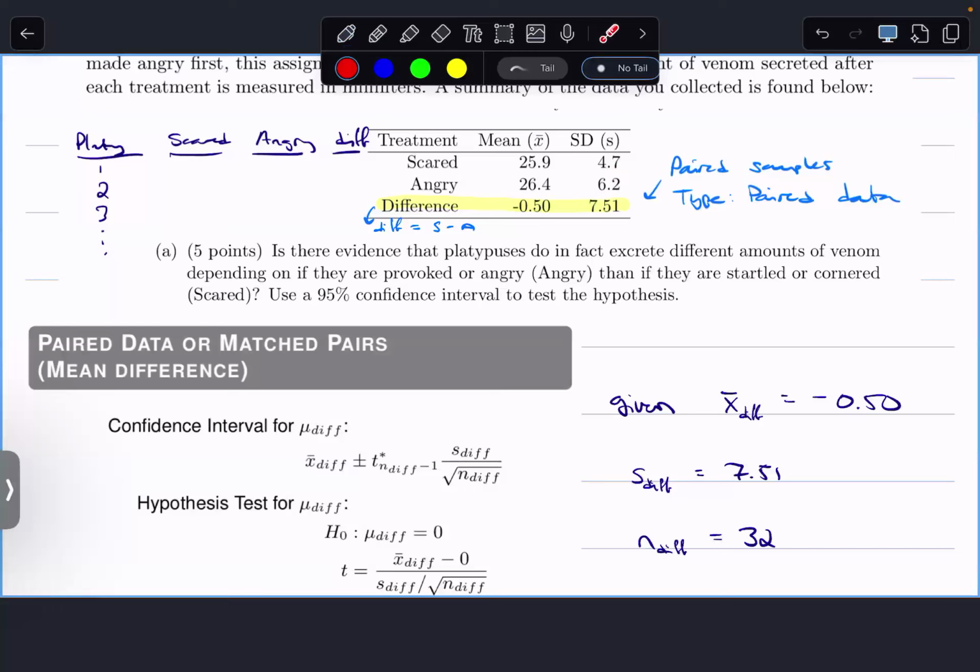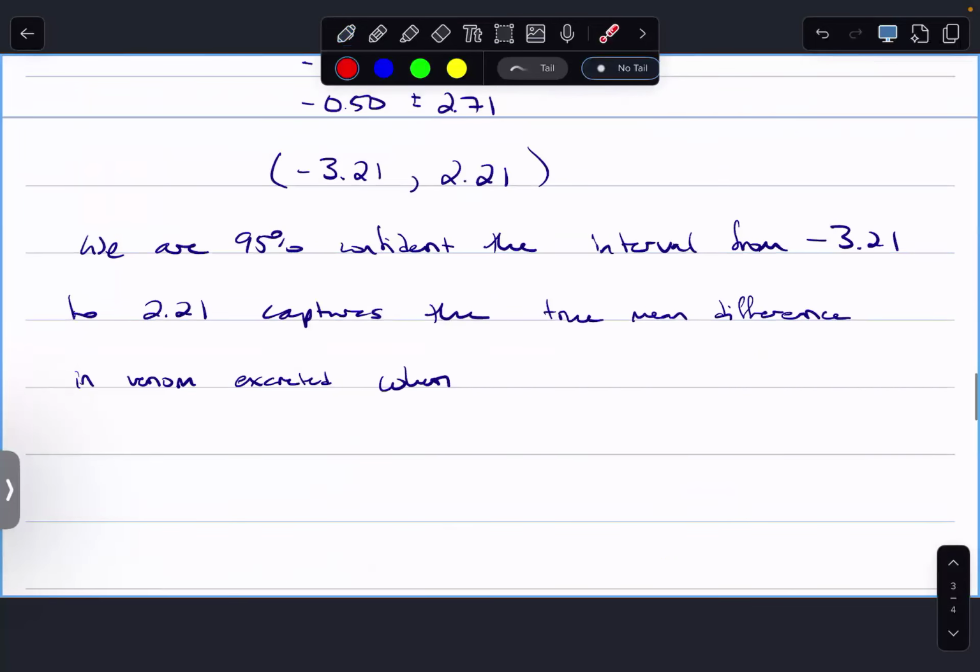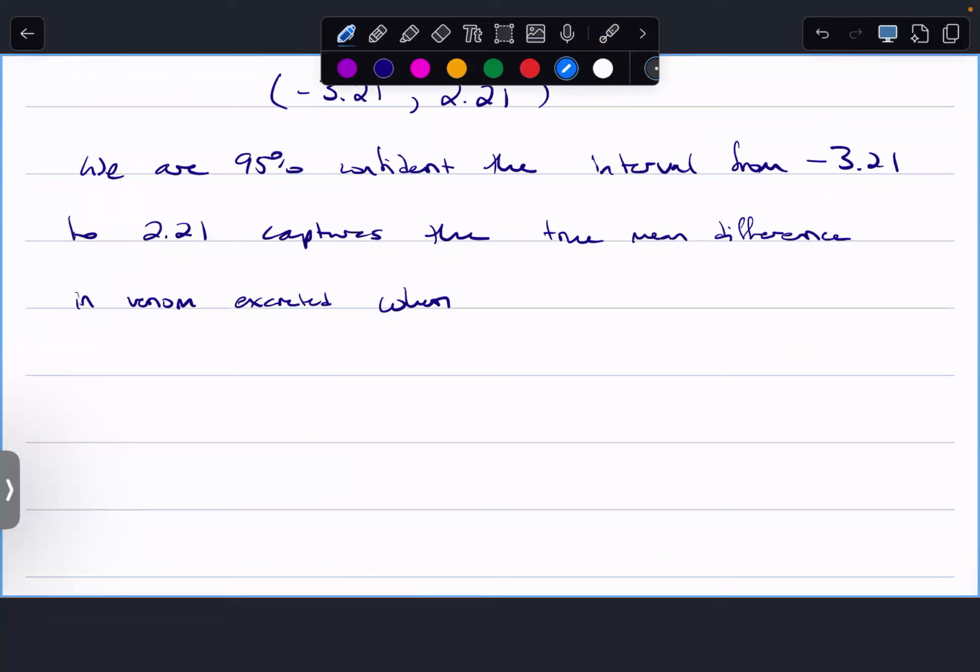Okay, so it's scared minus angry. When scared versus angry, we could talk about -3.21 as 3.21 more when angry than scared, if you want to talk about it that way. But as long as you talk about the true mean difference, that's fine.